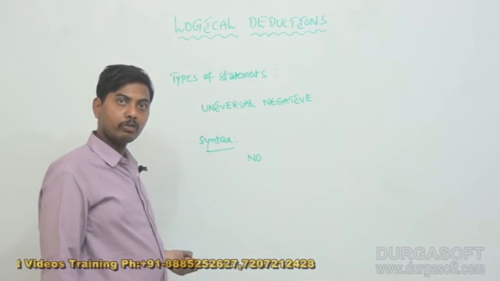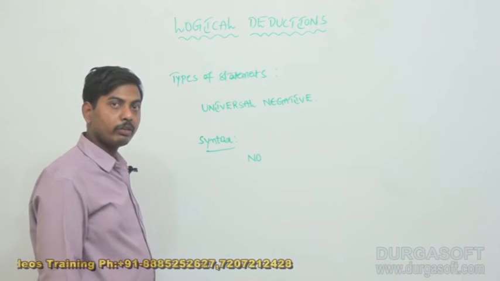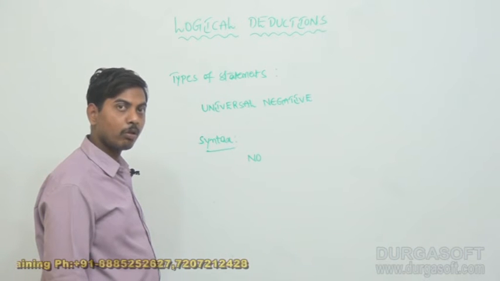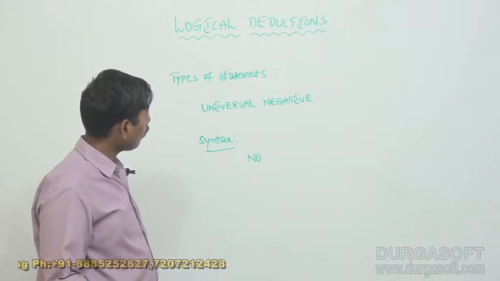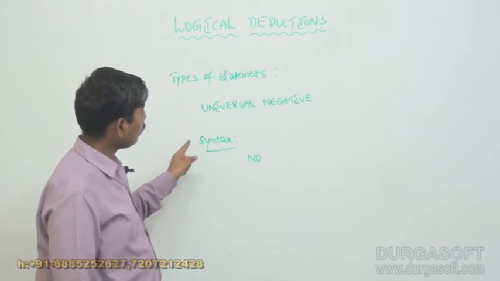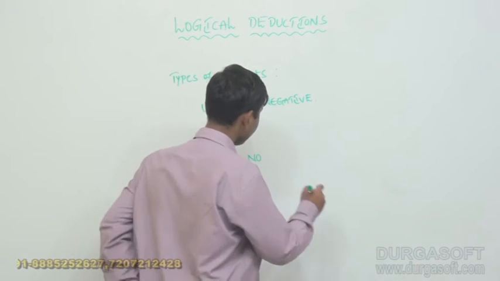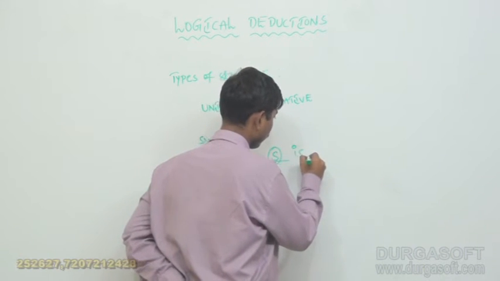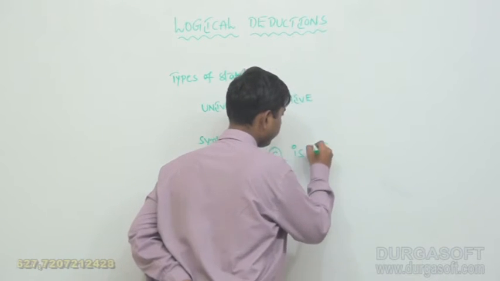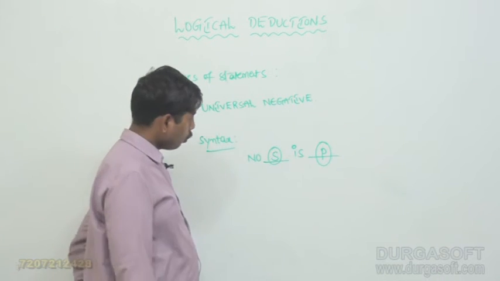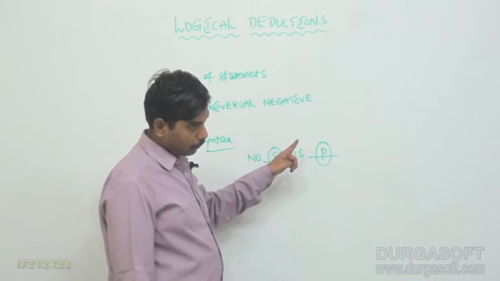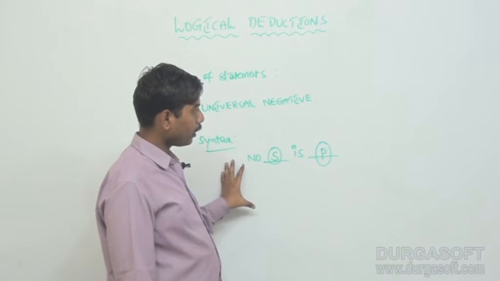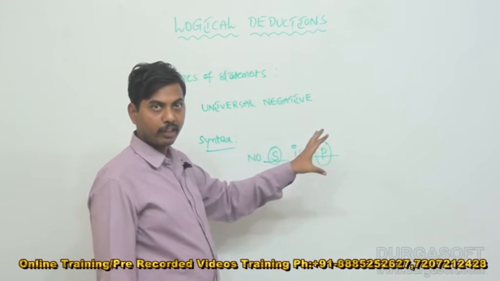That kind of statement we call universal affirmative, and its syntax is all S is P. When I talk about the syntax of universal negative, it is no S is P. No S is P means no subject is predicate, where subject is separately defined and predicate is also separately defined.